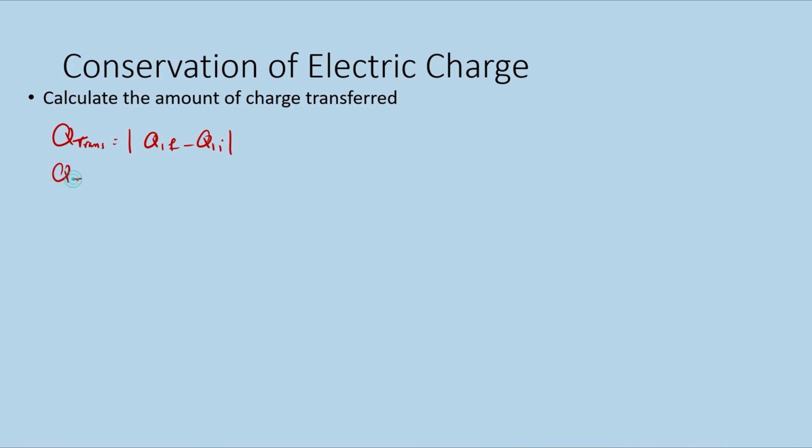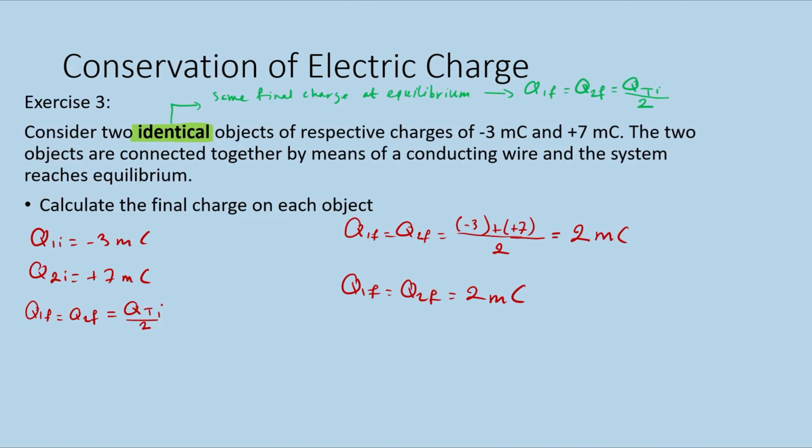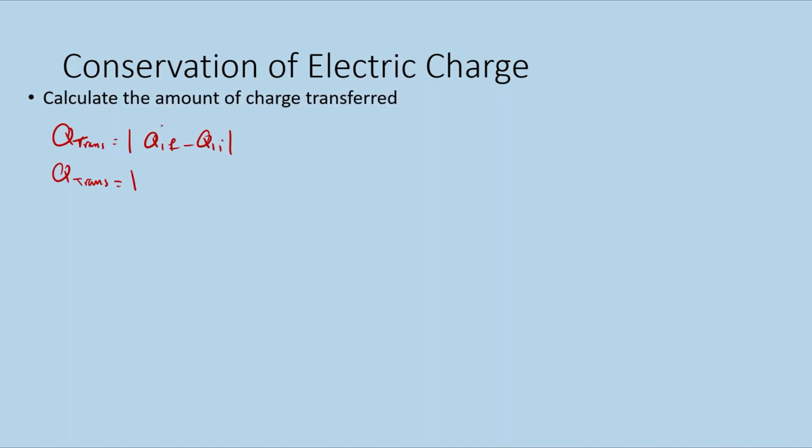So Q1 final is 2 and Q1 initial is negative 3. So 2 minus negative 3, Q transferred is equal to 5 millicoulombs. This is the amount of charge that is transferred.